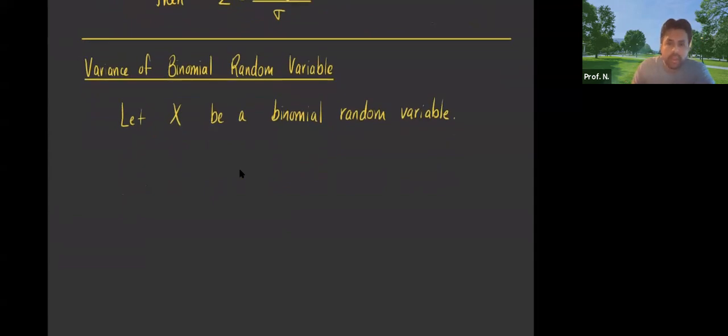And what that means is that X has a binomial distribution with the parameters n and p. For every binomial random variable, the parameters are n and p. And remember, n represented the number of trials, which are independent, and p represented the probability of success.